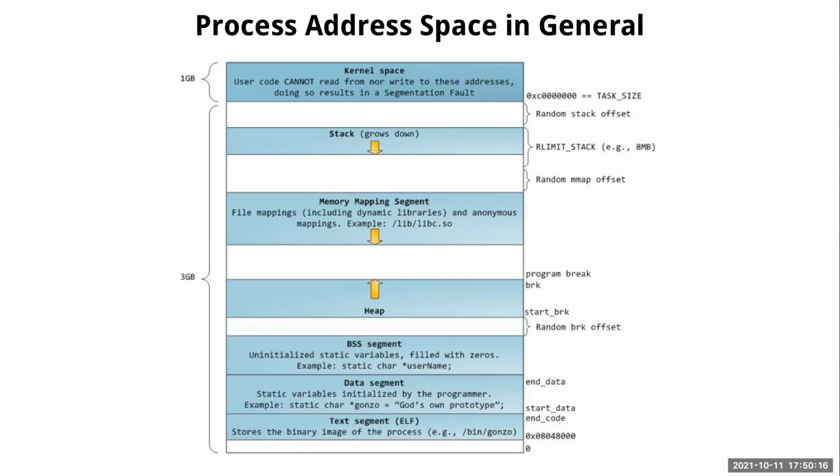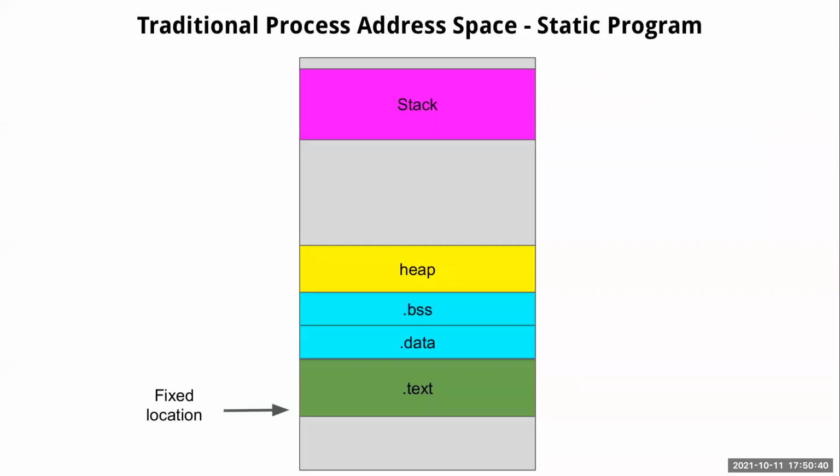On top of that we have the stack. Of course, you could have multiple threads, and then there are multiple stacks. Then the higher 1 GB of memory, in 32-bit, is the kernel. So this is what the space looks like without ASLR.